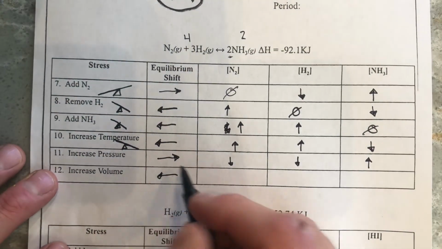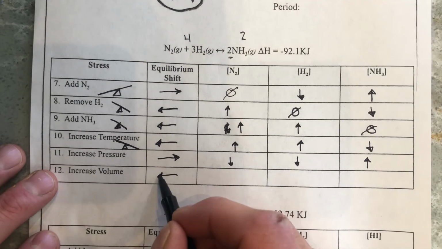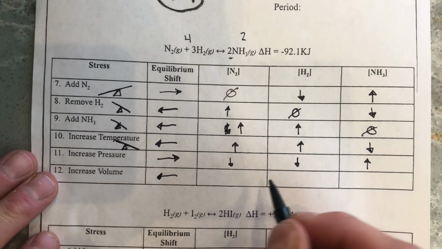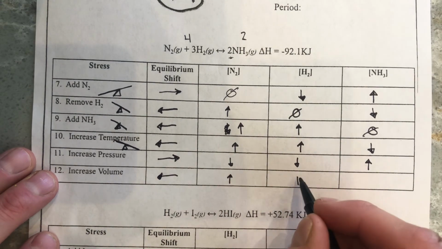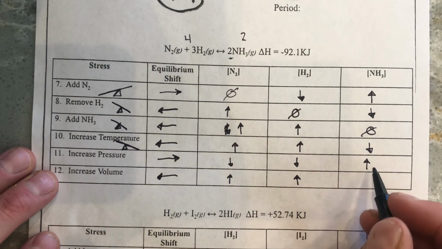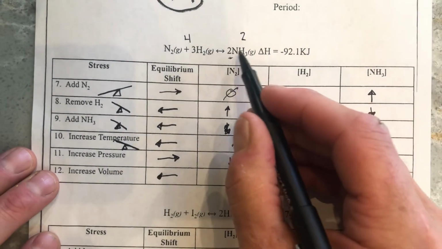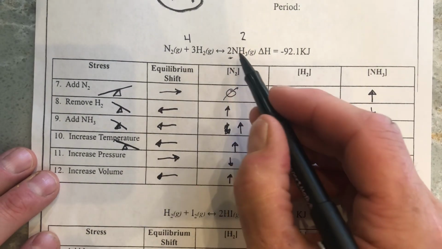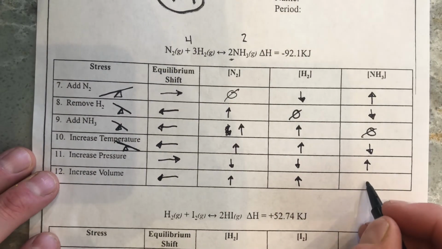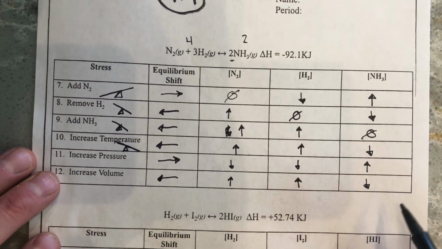That means if we're shifting to the left toward the reactants, we are going to have more nitrogen, more hydrogen, and those things increase because the amount of ammonia is decreasing in order to decompose into those 2 gases. Okay, so that's how you do those things.